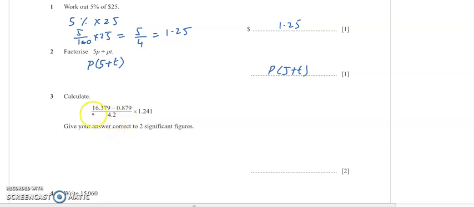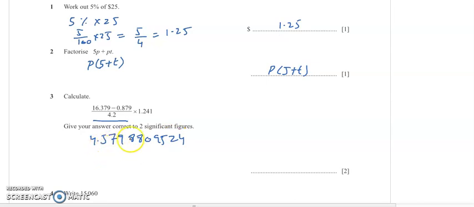After using the calculator, first solve this portion and then multiply the remaining answer with 1.241. So using your calculator, when you solve, you will get 4.5798809524. This is what your calculator will show.